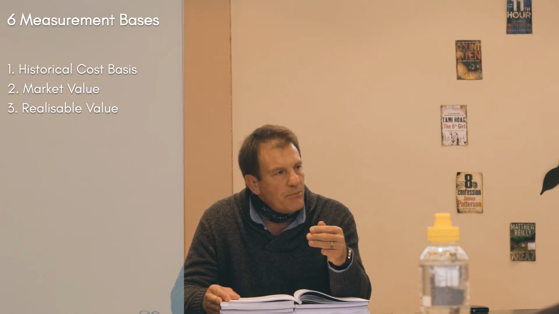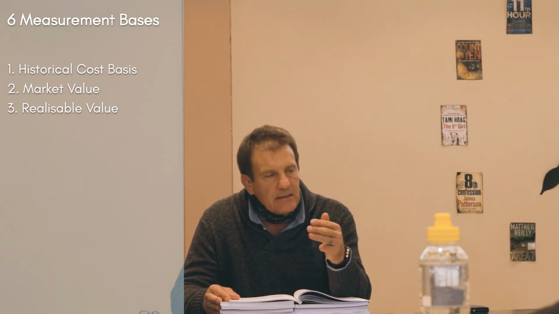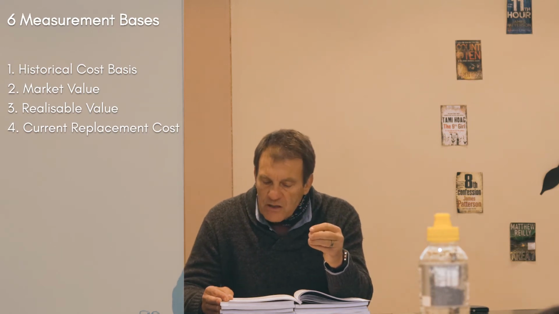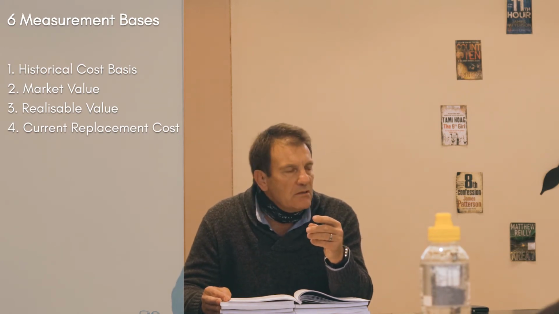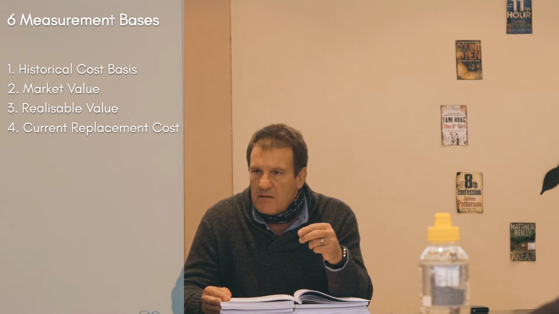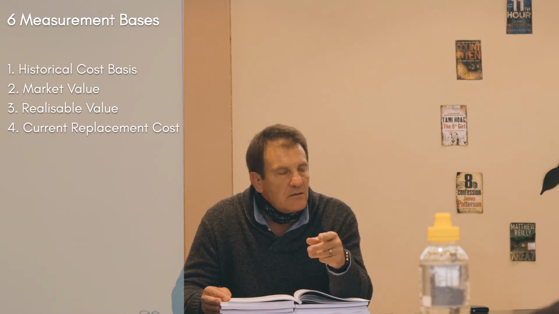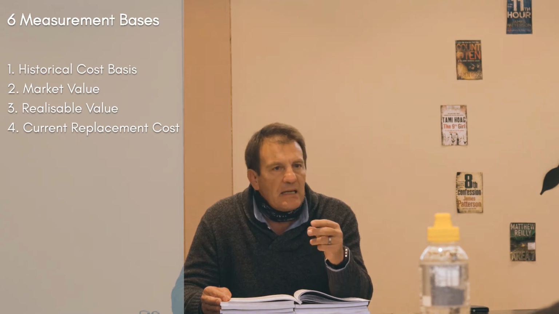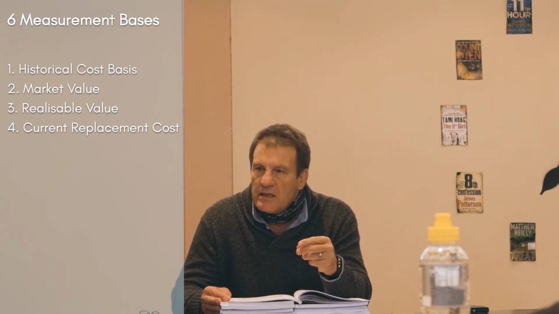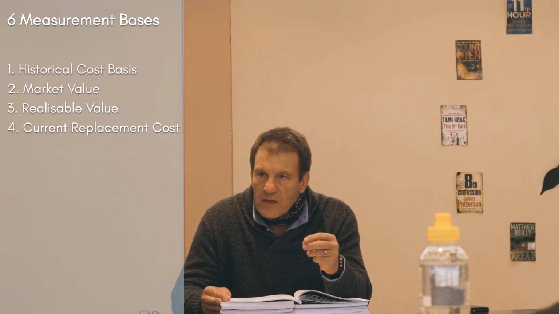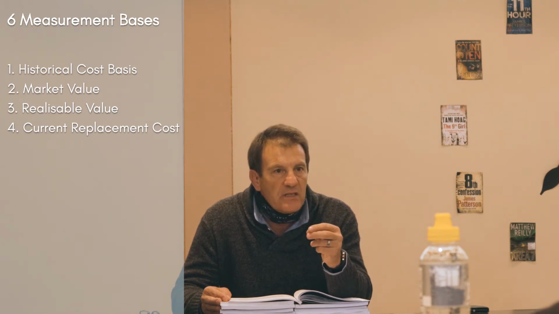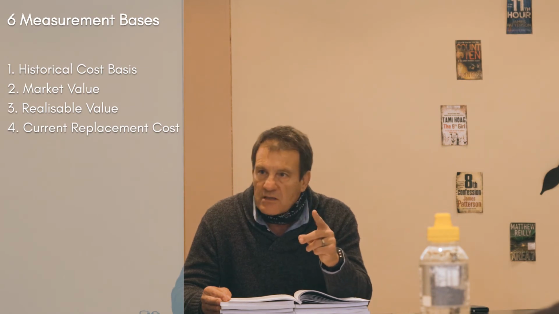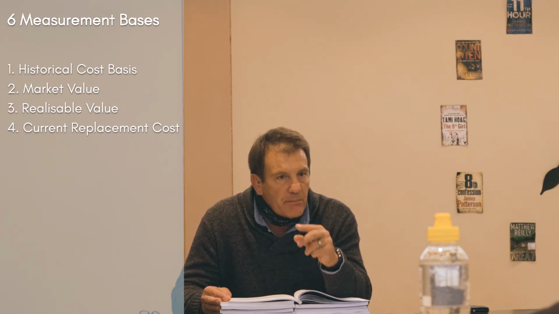The fourth one that is important is called the current replacement cost. Now the current replacement cost is important in 2 areas of business. The one is if you insure your TV at the current replacement cost, then it means if somebody would steal it, the insurance company will replace your TV irrespective of the cost, because you have been insured for replacement cost.